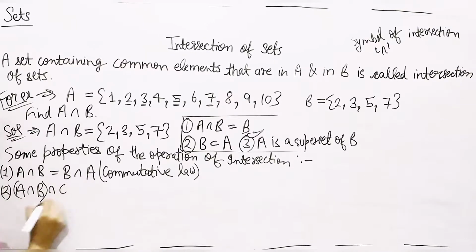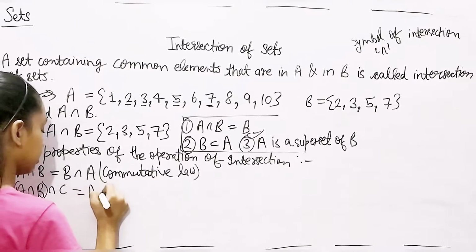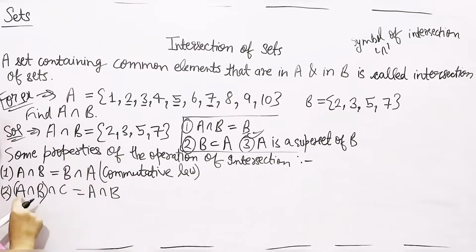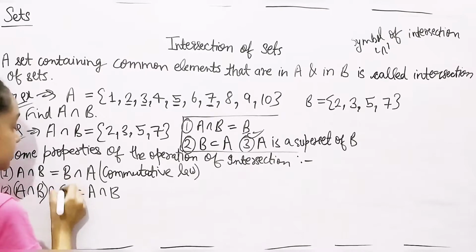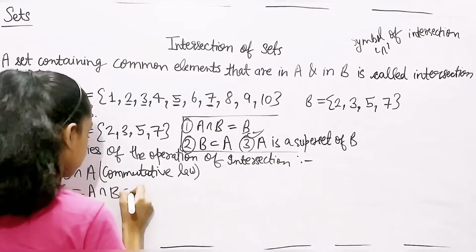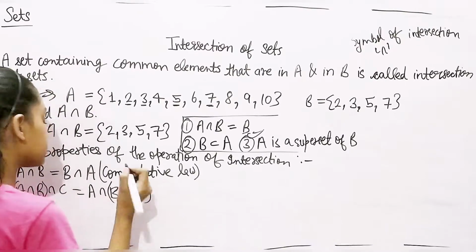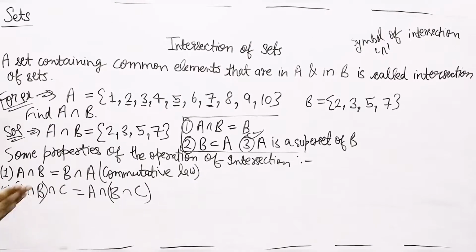The second one is that A union B, then union C is equal to A union B... actually I was saying union, but it isn't union, it is intersection. A intersection B, and intersection C is equal to A intersection B intersection C. So what's the difference? They're taken in a group.